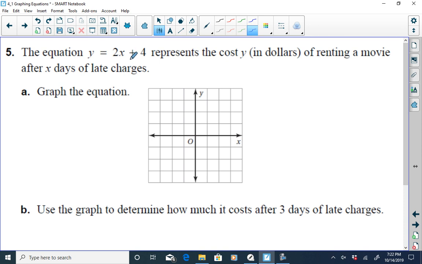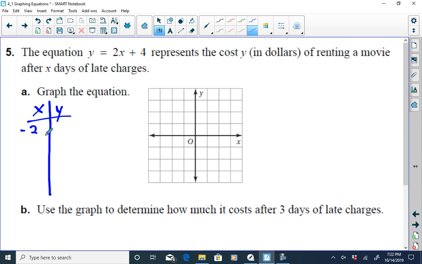The equation y is equal to 2 times the number x plus 4 represents the cost in dollars of renting a movie after x days of late charges. First, we want to graph the equation. All right, so we're going to make a column for x and a column for y. We can do that real quick. We only have 4 here, so let's use negative 2.